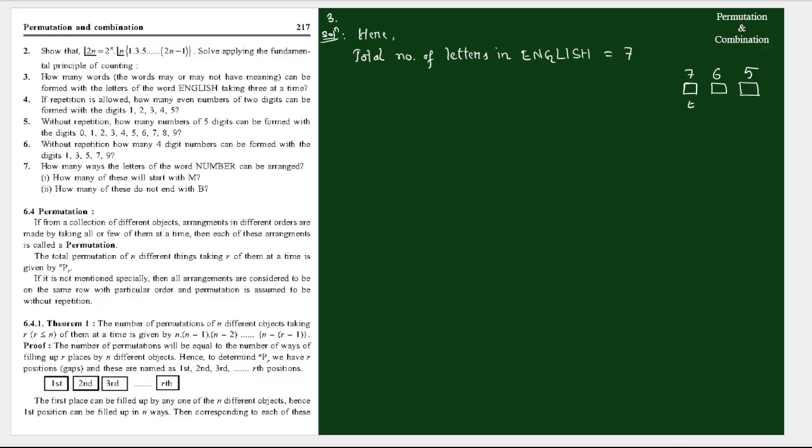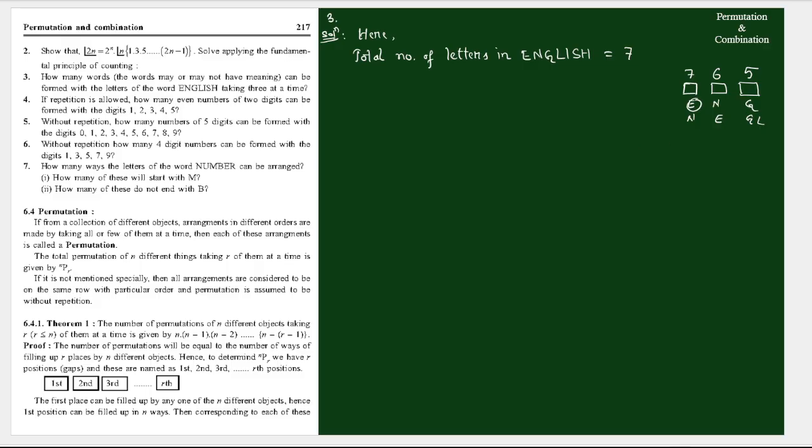First E came, then N came, G came. Similarly you can have E, N, G, like this it will go on. It can also be NEG or NEL. After one is chosen, repetition is not allowed, so one letter is already used, so remaining will be six letters. From those six letters you can choose anything.